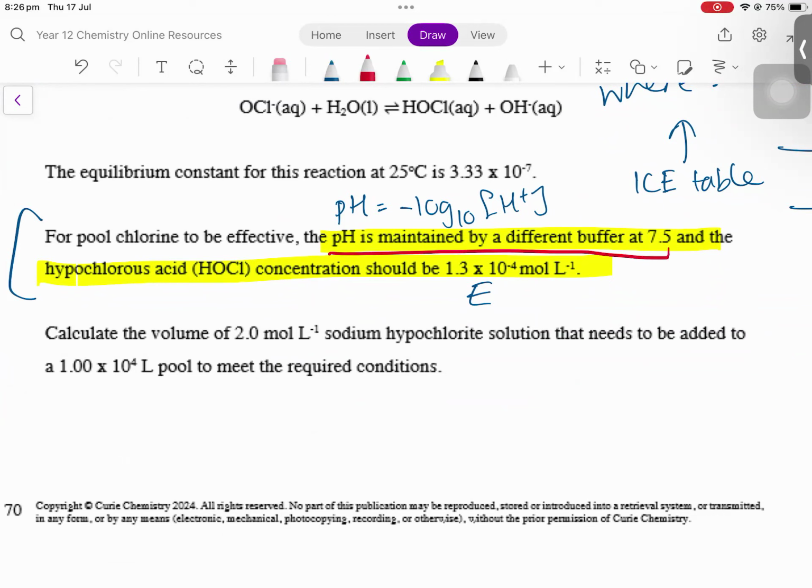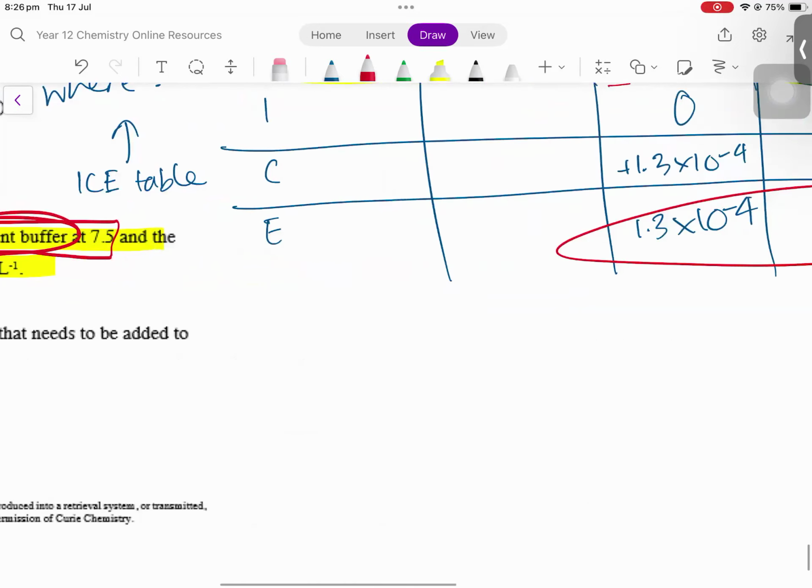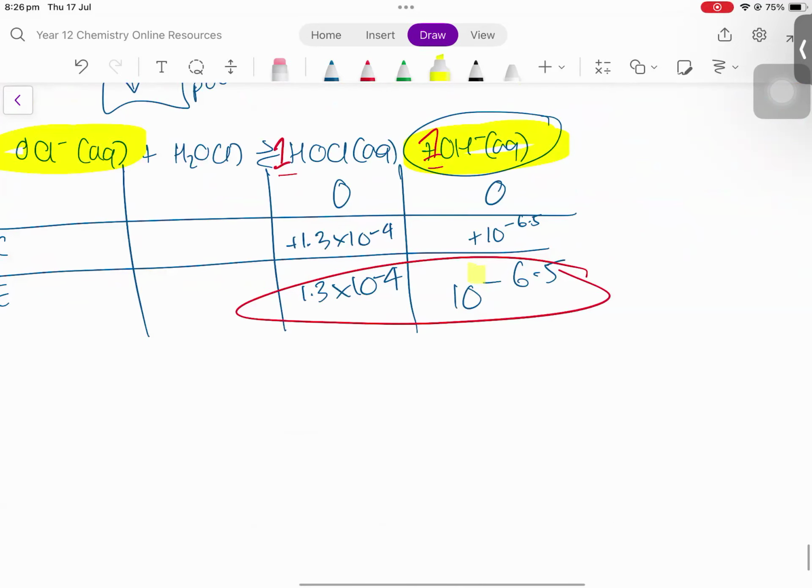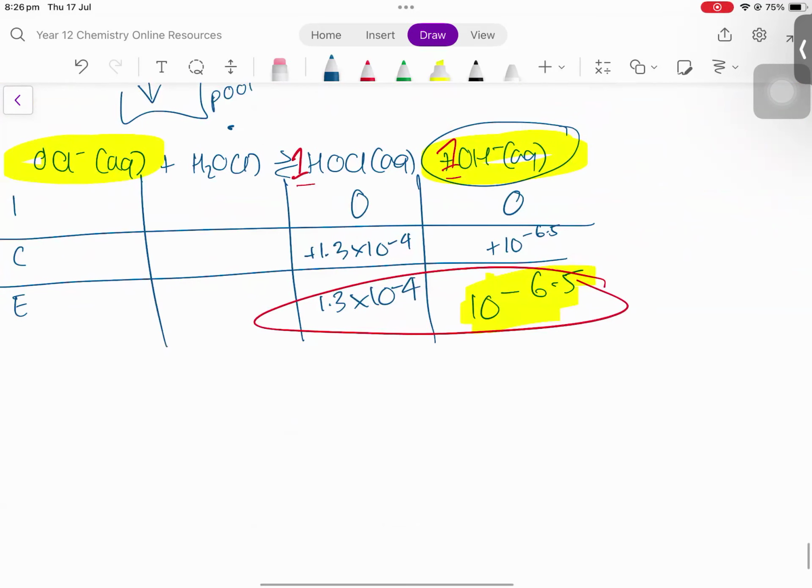The pH of the mix of the pool chlorine doesn't just come from the OCl minus. The pH gets maintained by a different buffer at 7.35. So this concentration of OH minus, 10 to the minus 6.5, is a mixture of this equilibrium shifting and then whatever the buffer did.